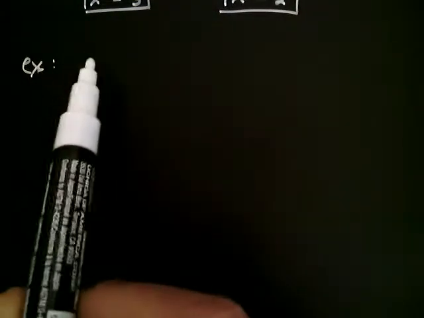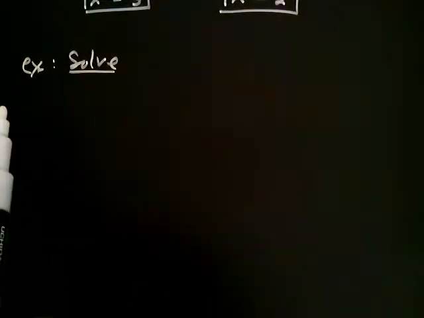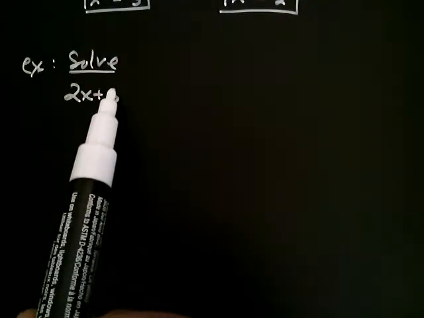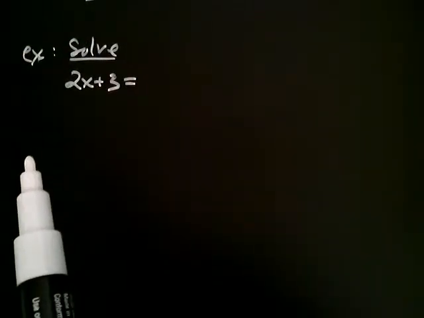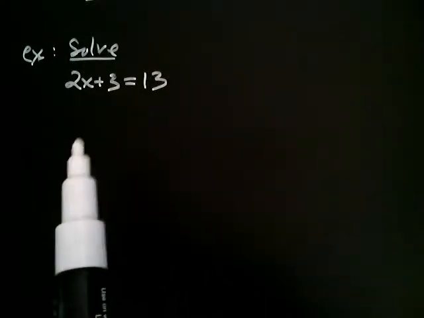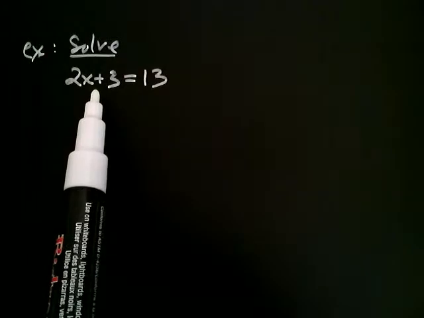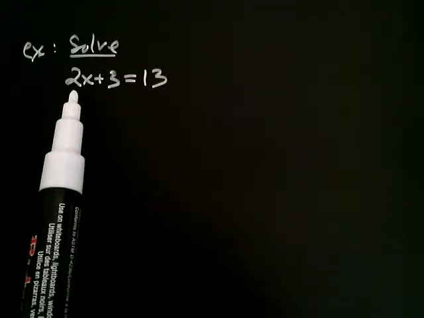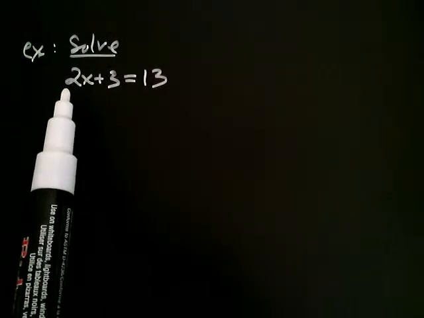We wanted to solve, let's say that we had 2x plus 3 is equal to, let's say, how about 13? Okay, so do you see what's happened here? There's clearly addition on the left-hand side, but there's also multiplication. And so what do we do first? Do we try to undo the addition, or do we try to undo the multiplication?